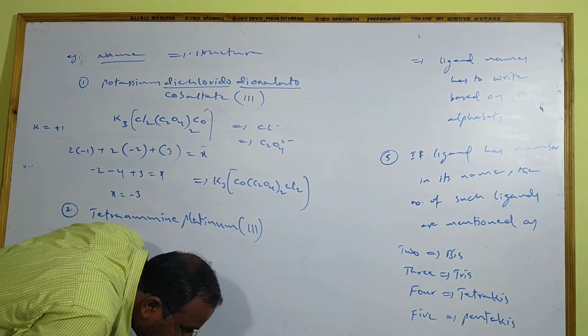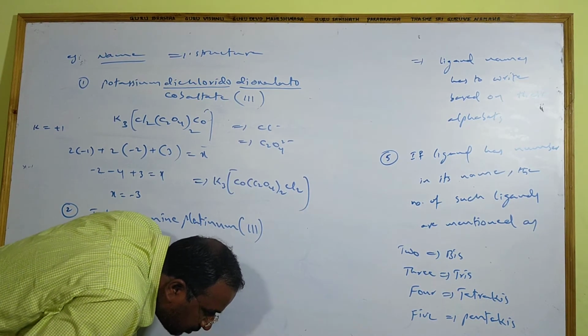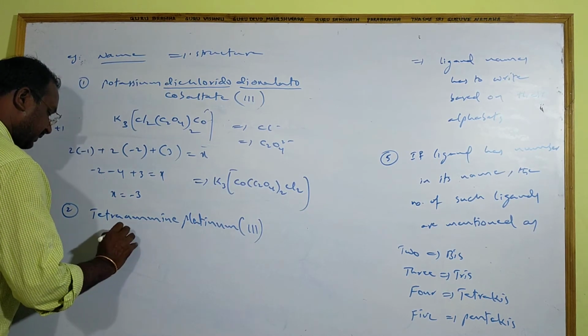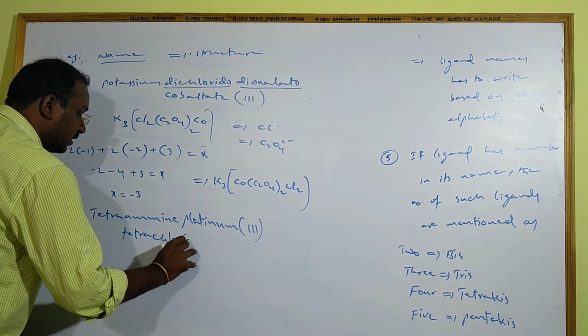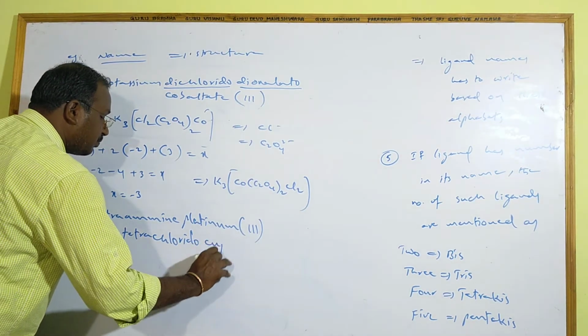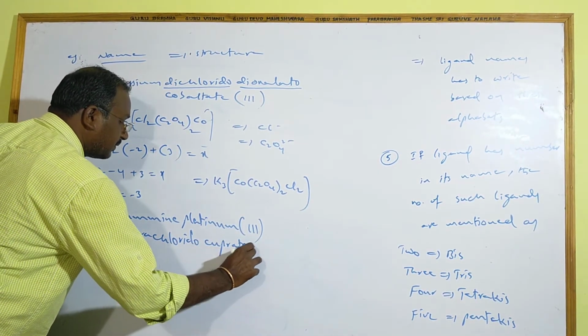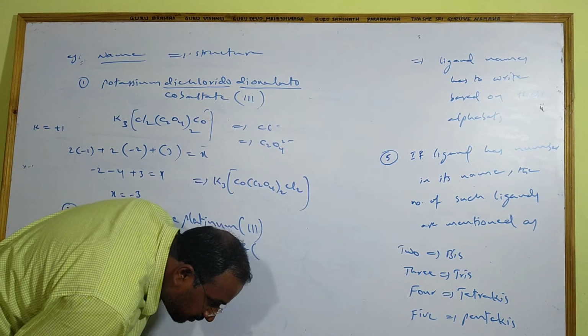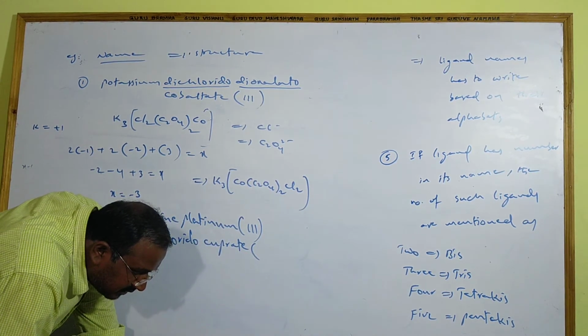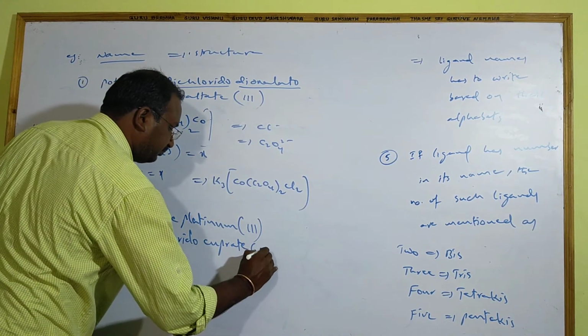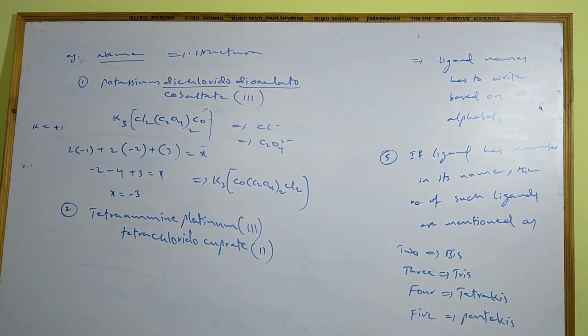Tetraammine platinum 3, tetrachlorocuprate. And the oxidation state of copper is given, tetrachloride. This is the name he has given.